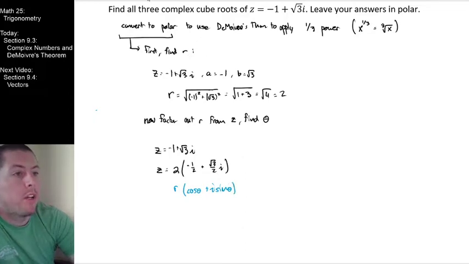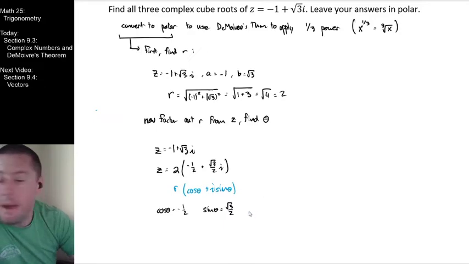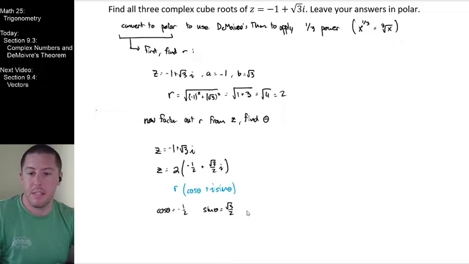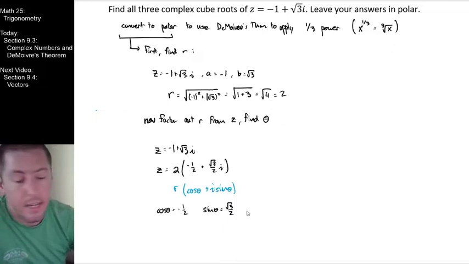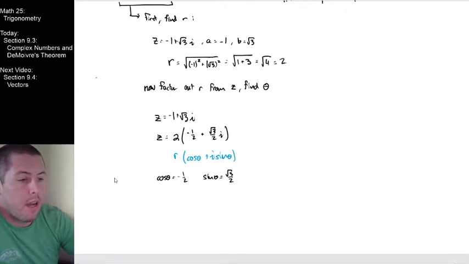So it looks like we are looking for some angle where cosine of theta equals negative 1/2 and where sine of theta equals √3/2. That means that our value is to the left and up because our cosine is negative and our sine is positive. So I expect us to be in the second quadrant here.